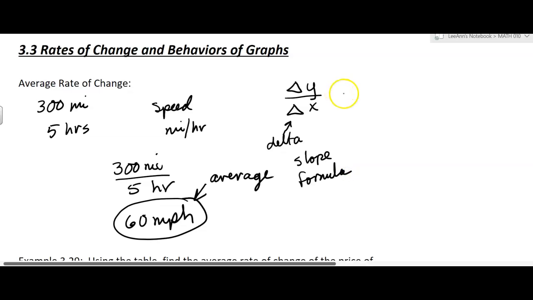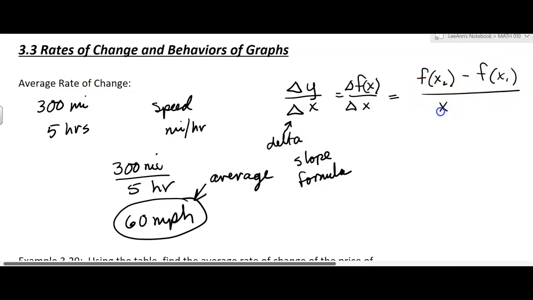Another way they'll write it is the change in f of x over the change in x. Oops, put the parentheses in there, because we're using function notation now. Okay, but what does all this mean? Well, you're going to take f of x sub 2 minus f of x sub 1, over x sub 2 minus x sub 1.